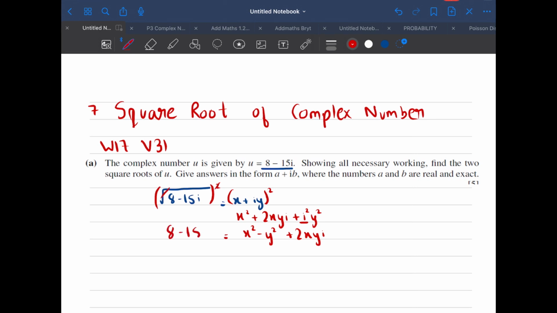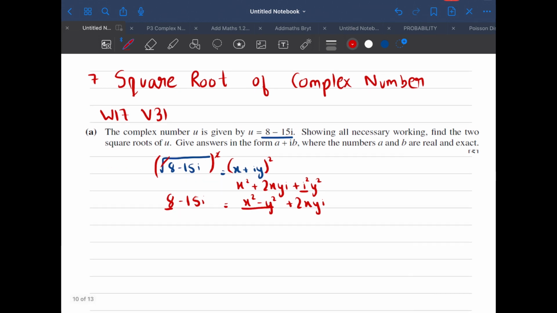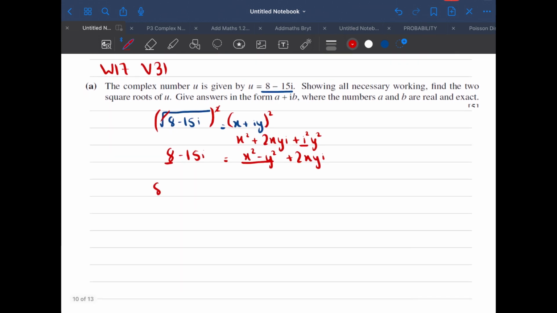Now, based on equality rule, compare the real part with the real part. It's going to become 8 is equal to x square minus y square. And what's written with iota? Minus 15 is equal to 2xy.